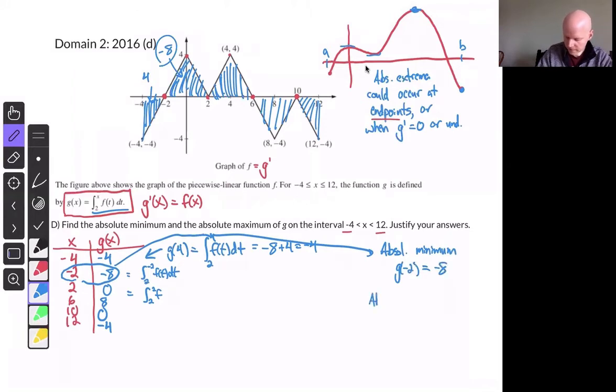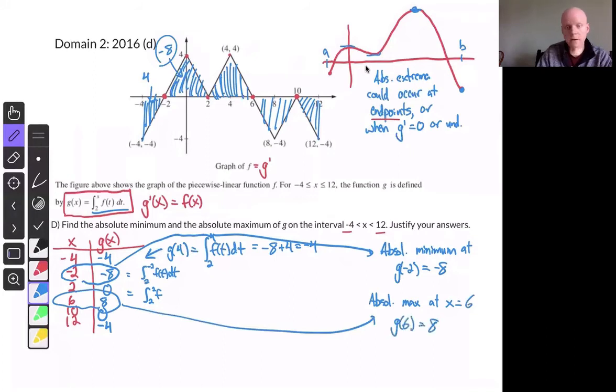And then our absolute max happens at x equals, it looks like x equals 6. And g of 6 equals 8, according to our candidates chart. All right, that's how you find absolute maxes and mins from these FTC problems. Let's take a look at what comes next.